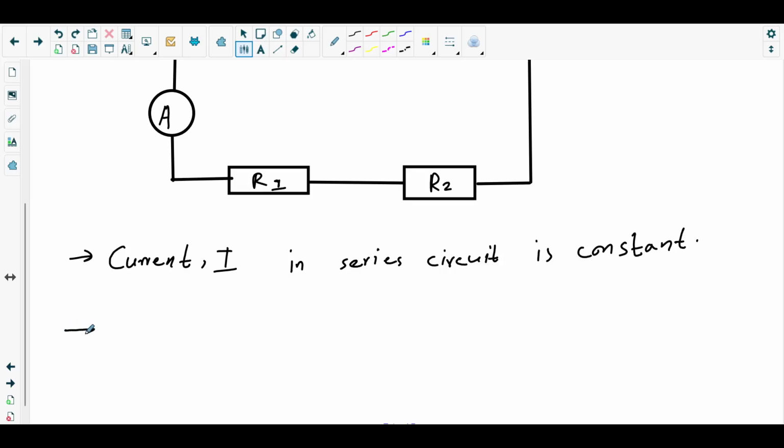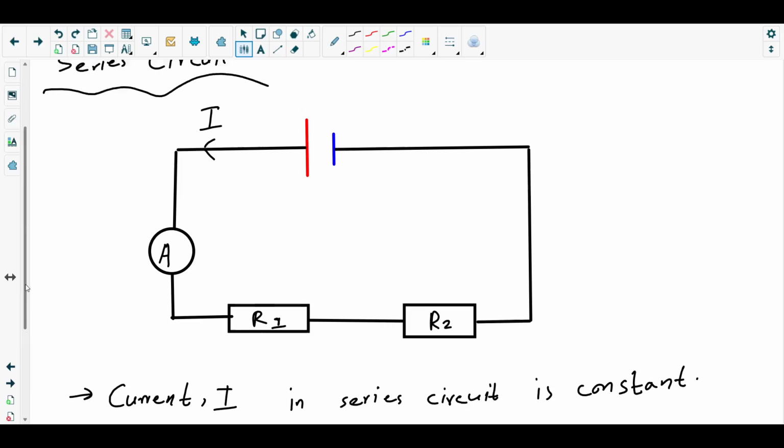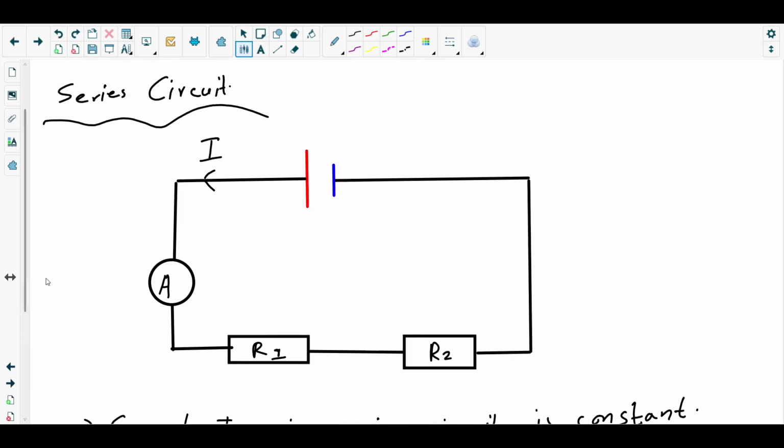And for voltage, the main function of Kirchhoff's law is that you can use it to find the current and voltage in series and parallel circuits very perfectly.